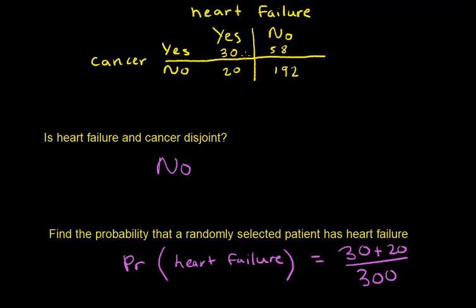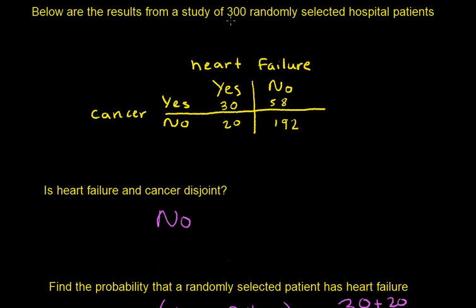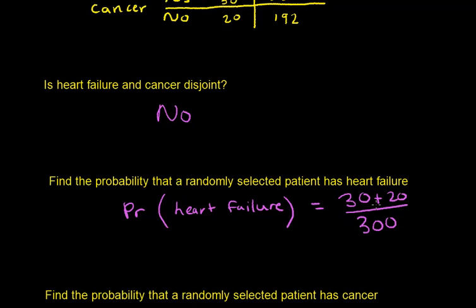We could add up all the cells, or we could just read the question, which says the results are based on a study of 300 randomly selected patients. So this comes out to 50 divided by 300, which equals 0.1667. The probability of having heart failure in this hospital is 0.1667.